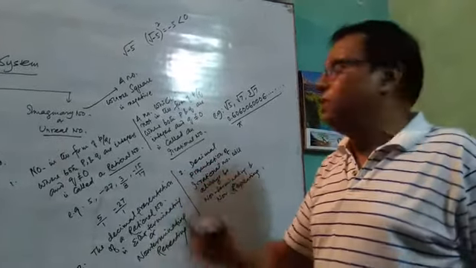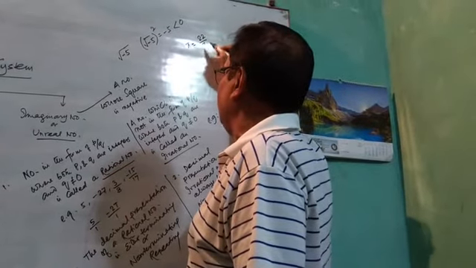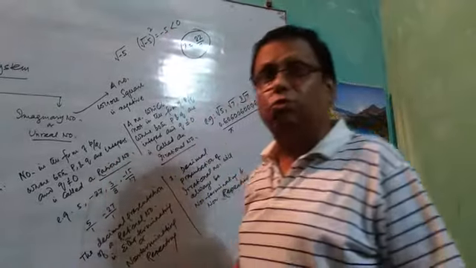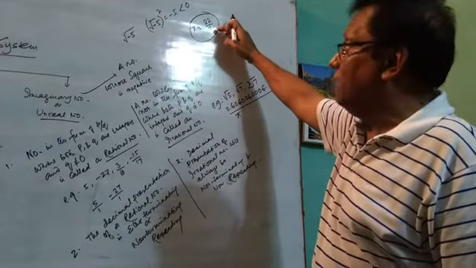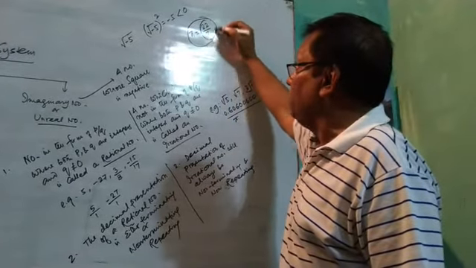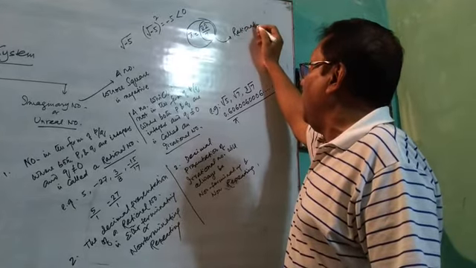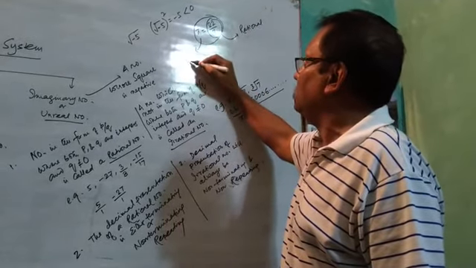But for practical use, we take the value of pi equal to 22 by 7. In this 22 by 7, 22 and 7 are both integers and 7 is not equal to 0. Therefore, 22 by 7 is rational, whereas pi is irrational.